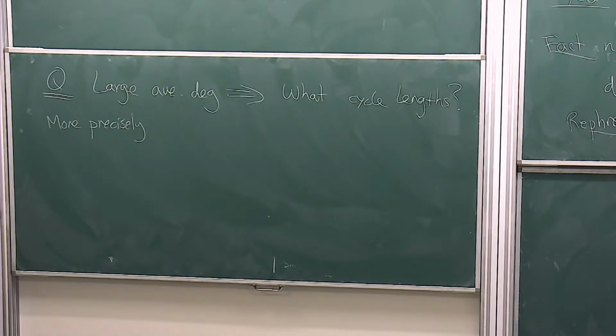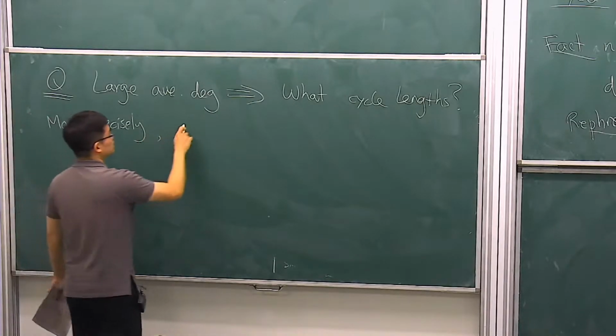What I mean is that you can force a length to be a cycle length if there exists an absolute constant C, such that when your average degree is bigger than this absolute constant C, sufficiently large, then for sure you can find this cycle length in the graph. Okay, that's what it means precisely.